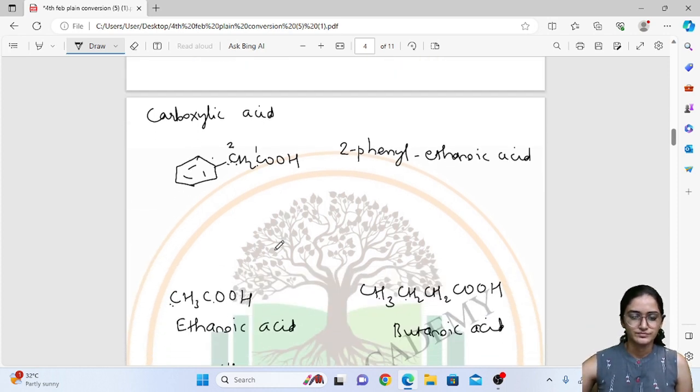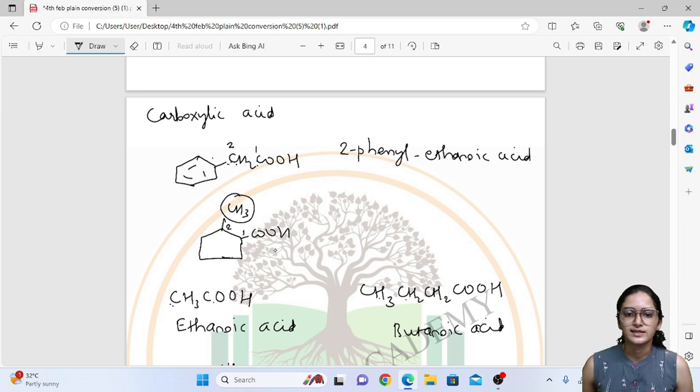Okay, and then if we will take one more example here. So this is one example, COOH and CH3. So the priority is given to COOH group and numbering will start from here. So 1, 2. So this group acts as a substituent. Name will be 2-methyl.